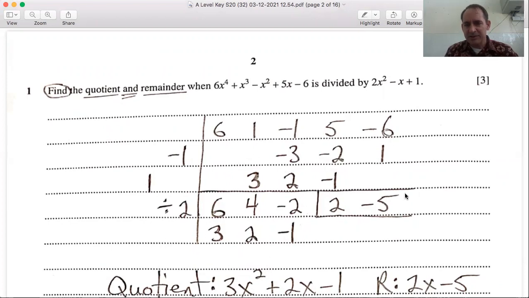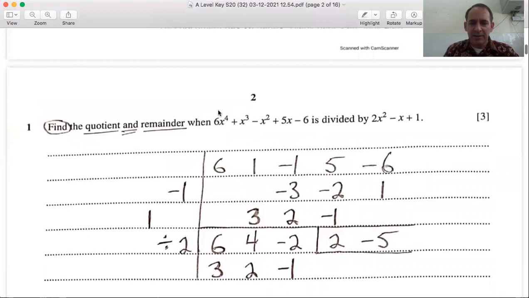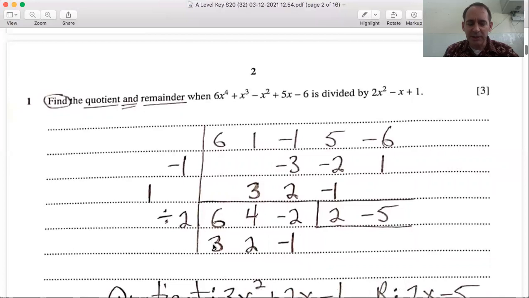Add these 2 columns. Now, how do we know where the remainder goes? This is a quartic divided by quadratic. So 4th power divided by 2nd power is 2nd power. So this 3 represents the x squared column. Here's the x column. Here's the constant. Everything after the constant is remainder.